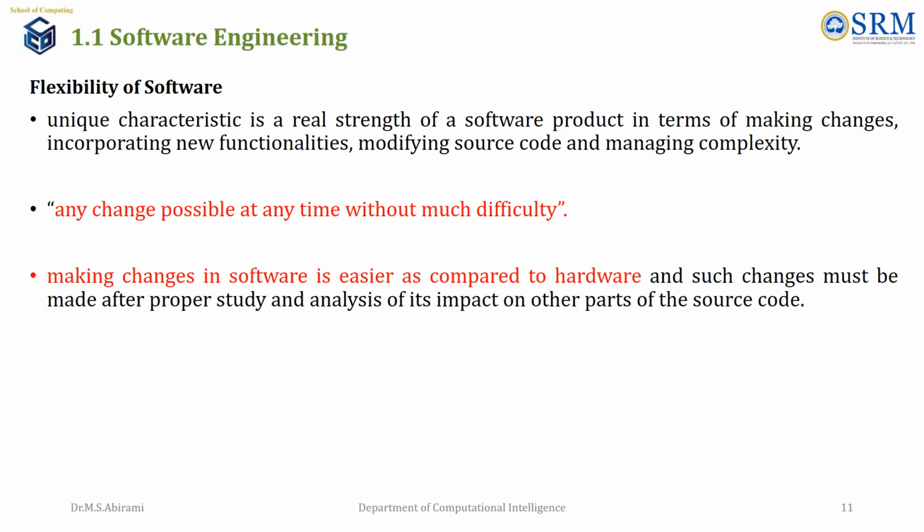The next characteristic is the flexibility of software: any change is possible at any time without much difficulty. Making changes in software is easier compared to hardware, and such changes should be made after proper study and analysis of their impact on other parts of the source code.